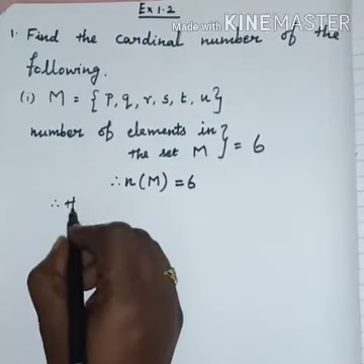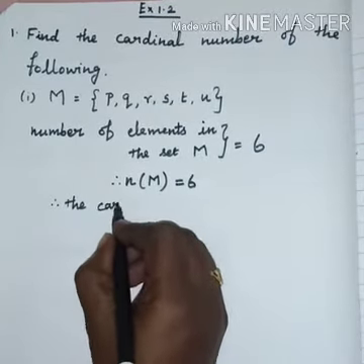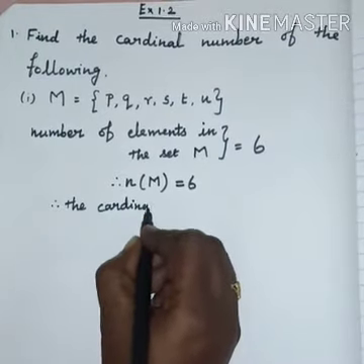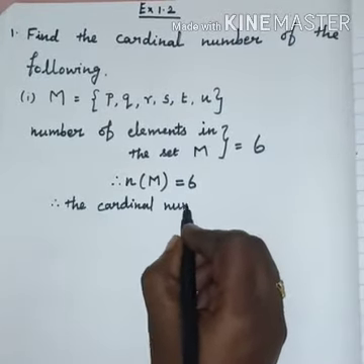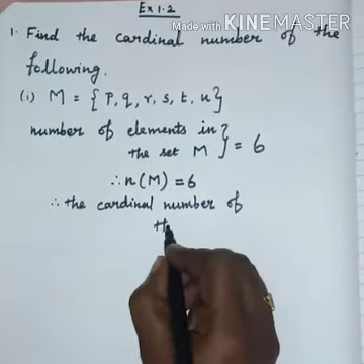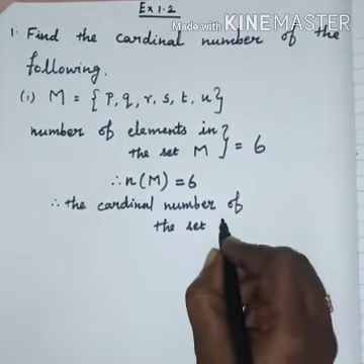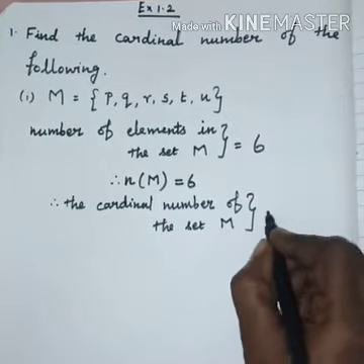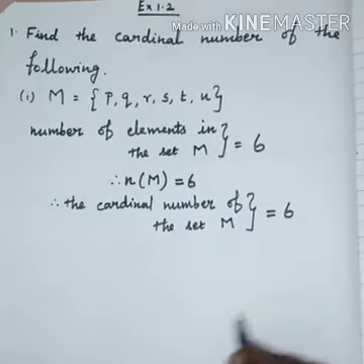Therefore, the cardinal number of the set M is equal to 6.